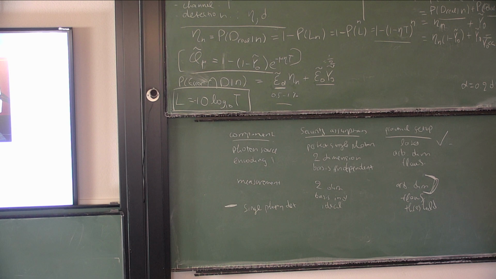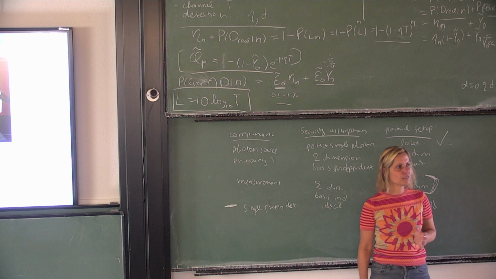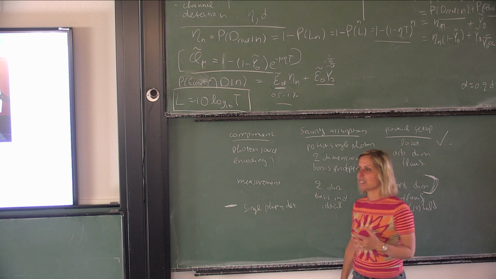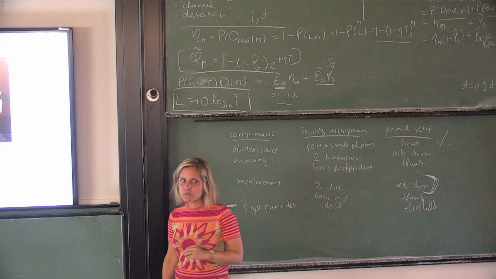Other types of attacks that are important: the timing attack. Maybe the experimentalists among you will know that single photon detectors are often used in what is called gated mode. This is done so that we can reduce the dark count.